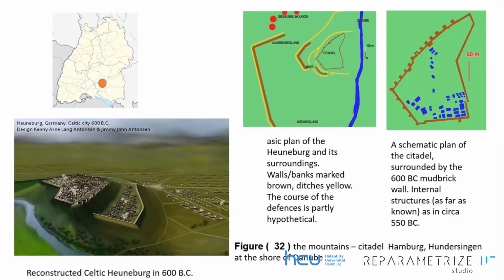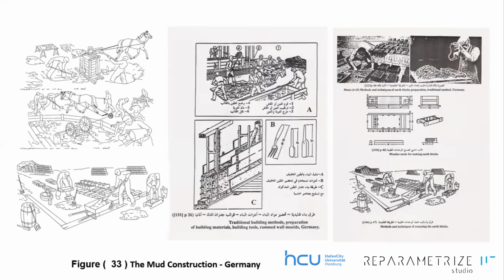And also they have a lot of experience with the tools and the methods of preparing and molding adobe brick, and with framework and rammed walls. So we can see a lot of experience in Germany.